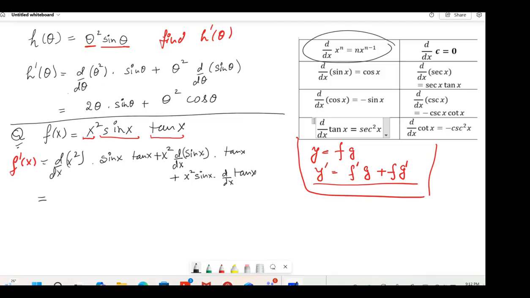Derivative of x square using the power rule is 2x sine x tangent x, plus x square. Derivative of sine x using the formula is cosine x times tangent x, plus x square sine x times derivative of tangent x, which is secant square x.